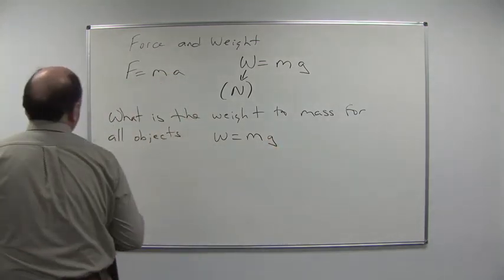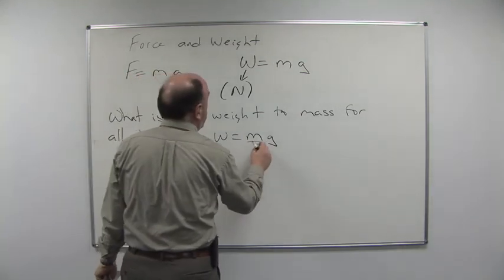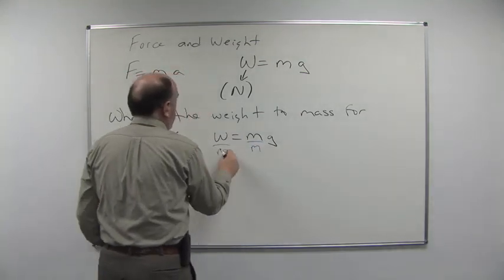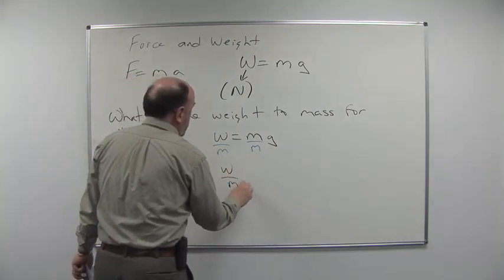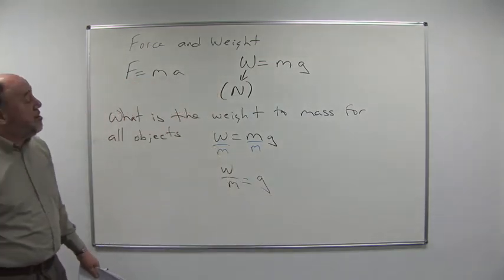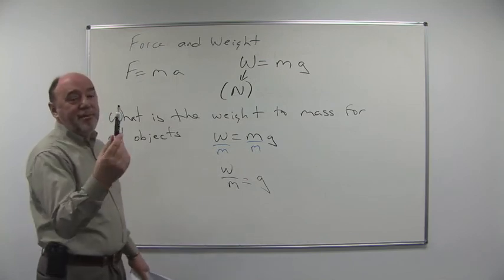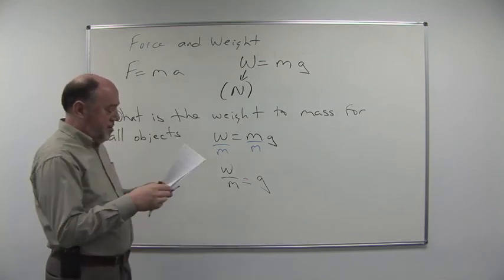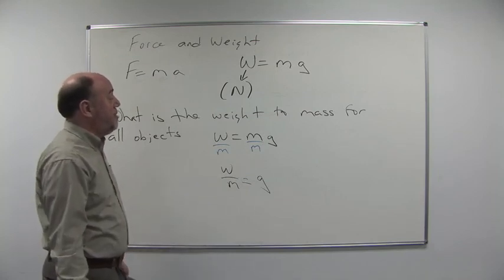If I get the weight to mass ratio, I divide both sides by m, and we find that the weight to mass ratio for all objects is given by g. So the weight to mass ratio for me would be the same as for this marker, and both would be equal to 9.8.